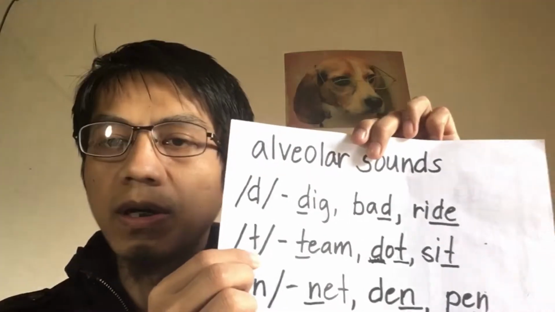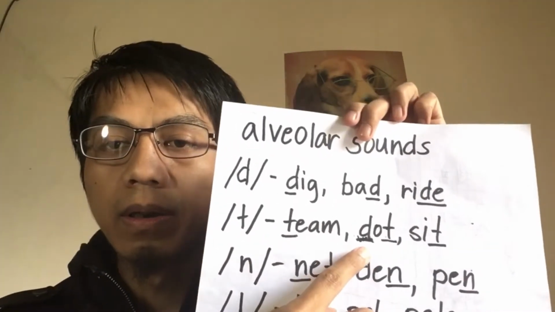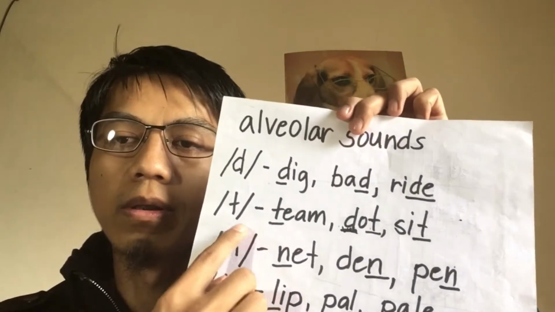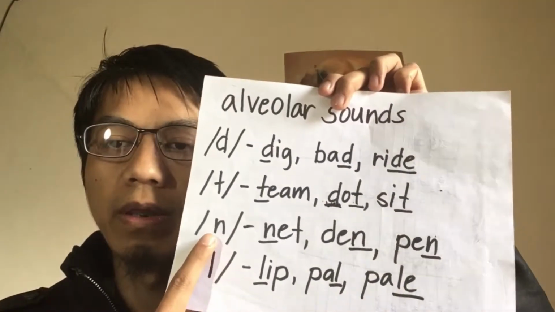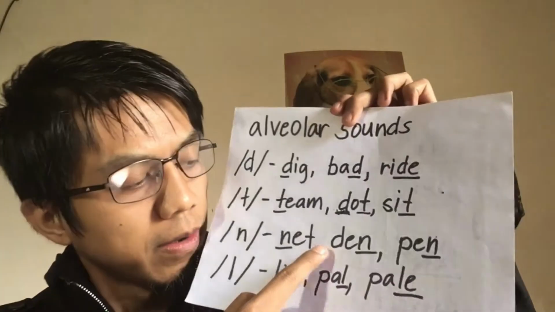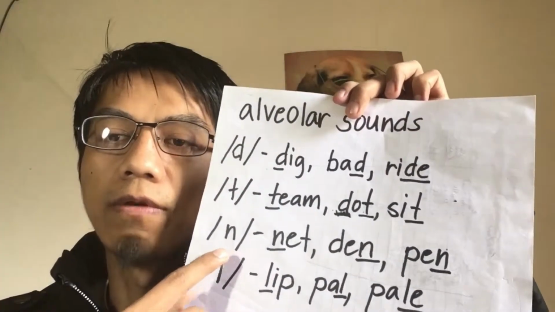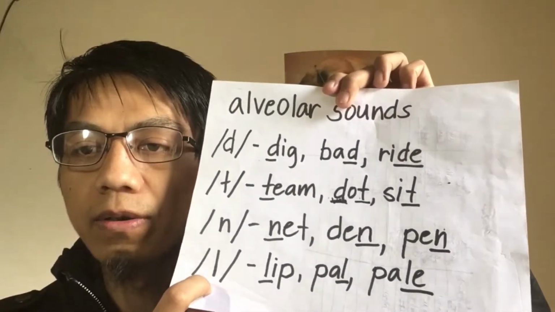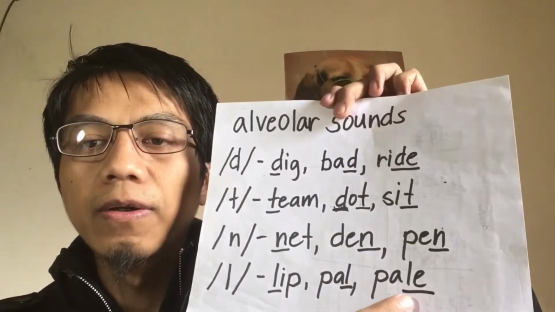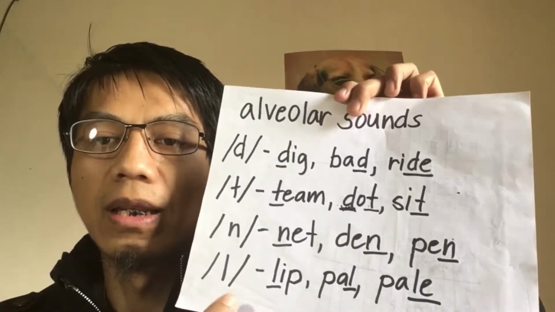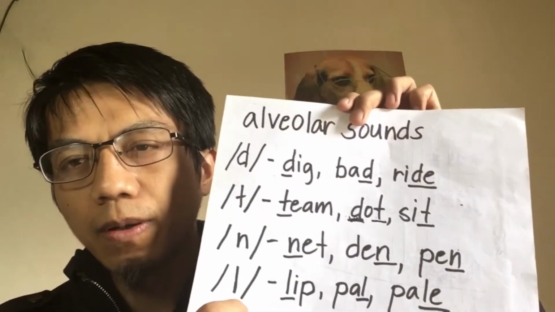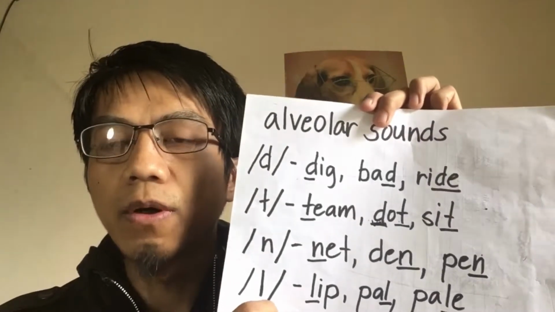Another alveolar sound is the T sound. The words team, dot, and sit all contain the alveolar sound T. The N sound is also an alveolar sound, and the words net, den, and pen contain the alveolar sound N. The last sound we're going to discuss today is the L sound, and the words lip, pal, and pale contain the alveolar sound L. I just called it L. That's not a sound, but I called it L because it would be easier to distinguish which kind of sound I'm talking about.